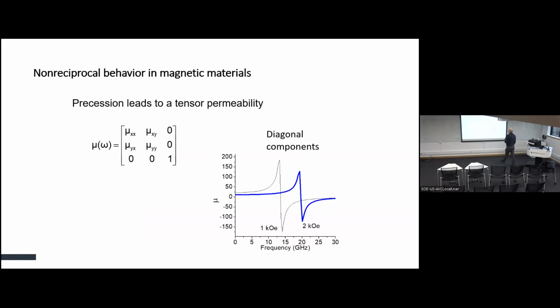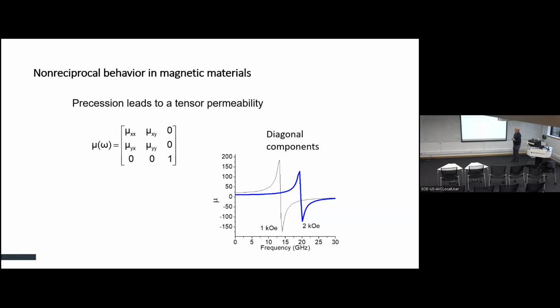Mathematically, that precession leads to a tensor permeability, not a scalar permeability, and it has a nice resonance, right? Where that natural frequency lies. You can adjust the resonance frequency, for instance, by changing the magnetic field. And here are the diagonal components of the permeability with its perfect resonance.